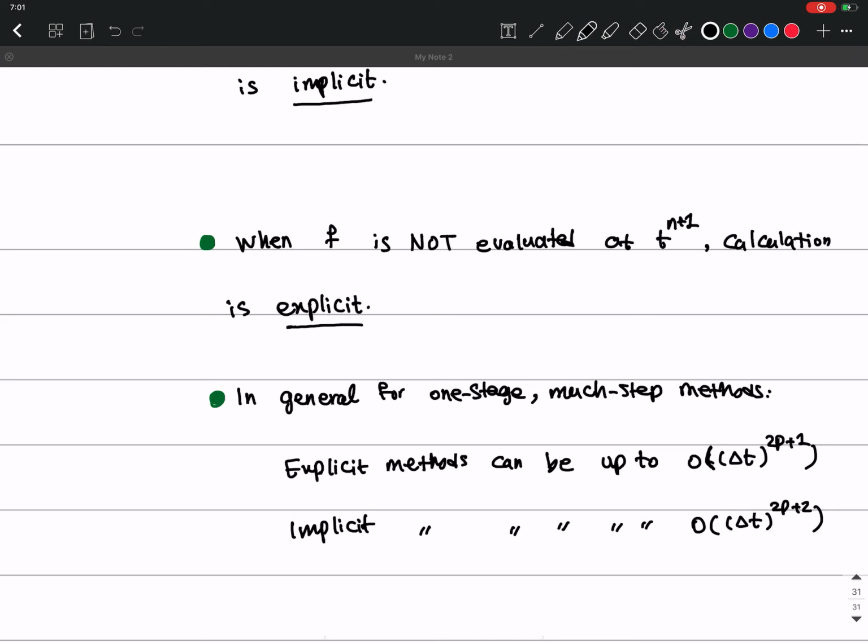Okay. So in the next lecture, I am going to show you one example of these one-stage multistep methods, and that is Adams' open or closed, that is implicit or explicit formula. So you understand how you should use these multi-step methods in your numerical schemes.